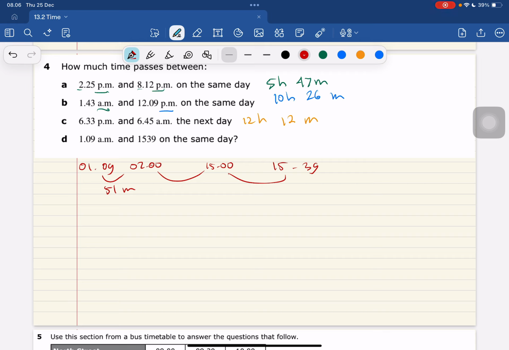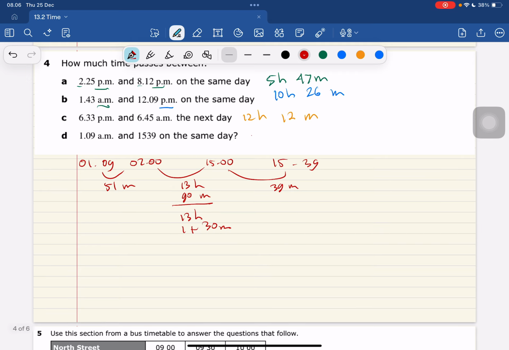And then 2 to 15 there are 13 hours. And here 39 minutes. So 51 minutes plus by 39 is 90 minutes. So this is 30 hours. And then 1 hour plus 30 minutes. So the time passed is 14 hours and 30 minutes.